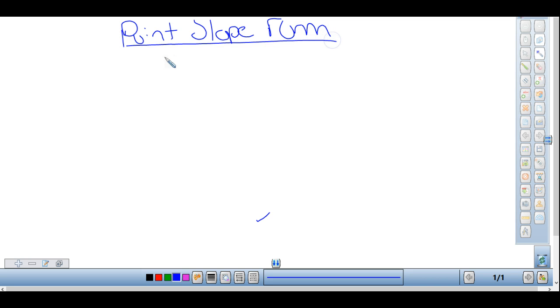Alright guys, a little bit of review of what point slope form looks like. Remember that our point slope form looks like y minus y1 equals m times x minus x1.